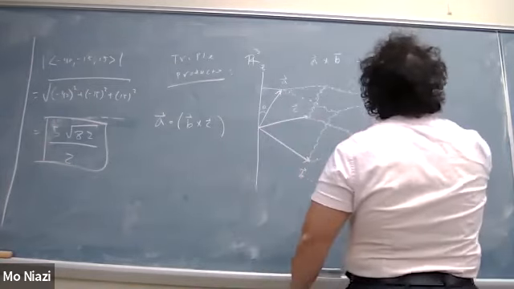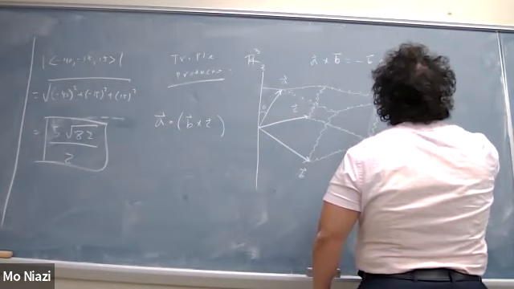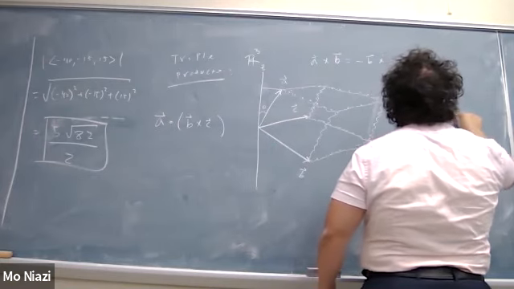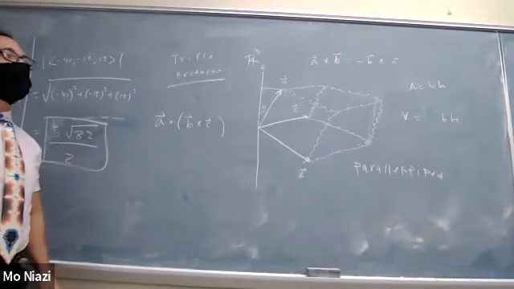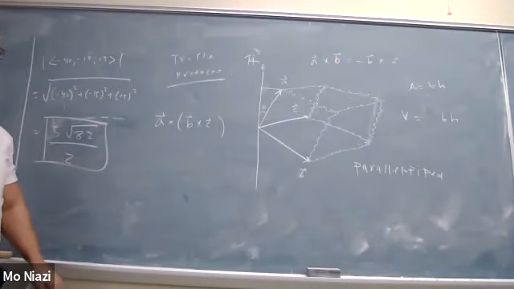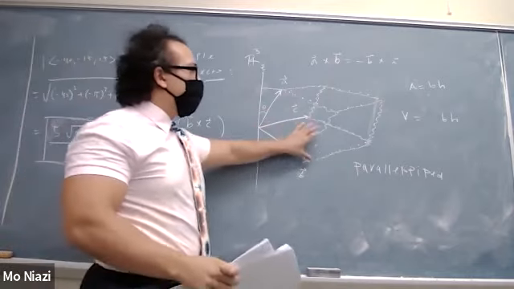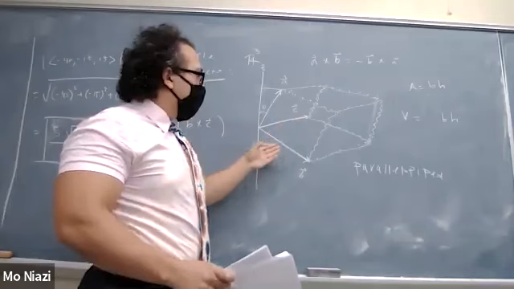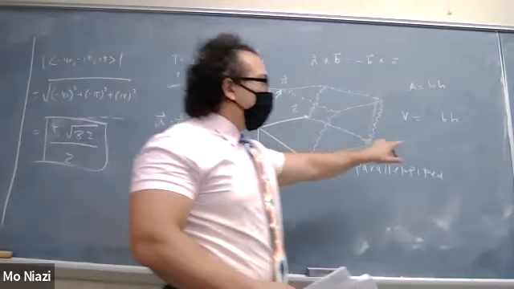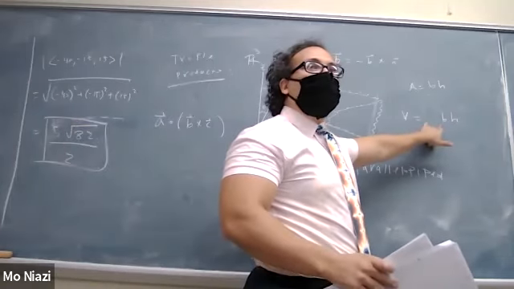Similarly, the volume here is going to be base times height times something. I've left a space there. Really, what it's going to be is this cross-sectional area right here. Remember this area, B cross C? That's what's going to go here.